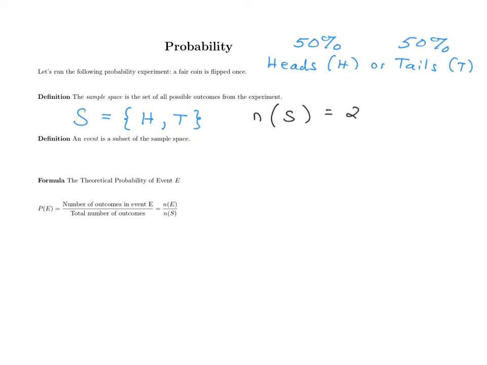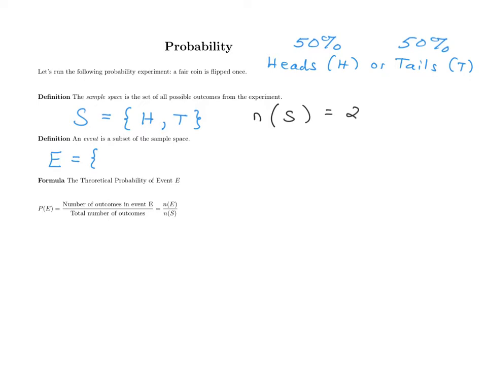Okay, so next, an event is a subset of the sample space. What does that mean? I'm going to use the letter E to represent an event. You can also write this as a set, so I'll put an equal sign and a curly bracket. And then inside of here, you can take some number of things from your sample space.